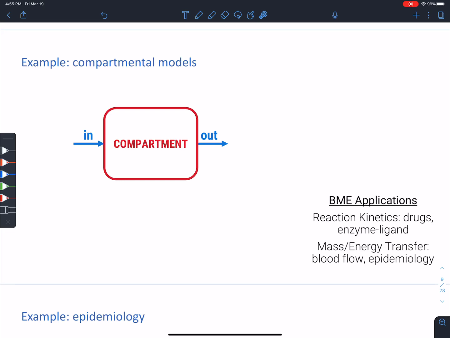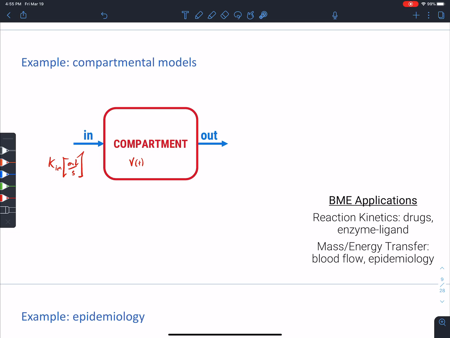So let's say we have a compartment here. The compartment may be, for example, the volume in a tank, like we just talked about, right? And we may have some K in, which will be a constant that describes the amount of this quantity coming in. Maybe this is in milliliters per second, right?